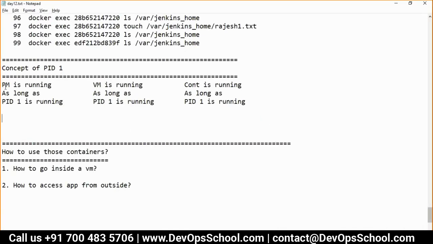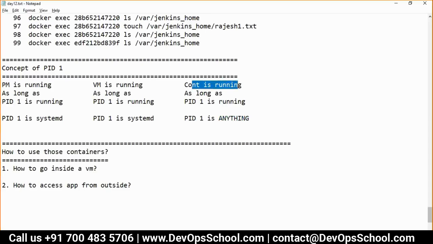I said no, it's a physical machine, VM, container. In the physical machine, PID1 is systemd. In the virtual machine, PID1 is systemd. Anyway, it can be anything, and as long as this anything is running, your container is running.